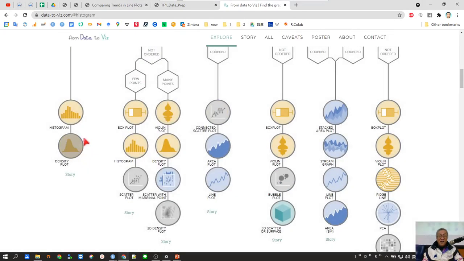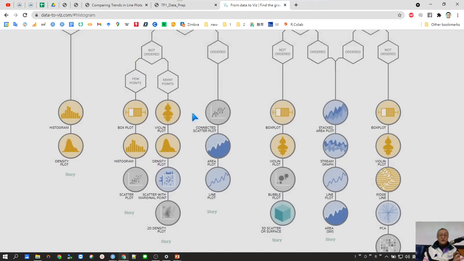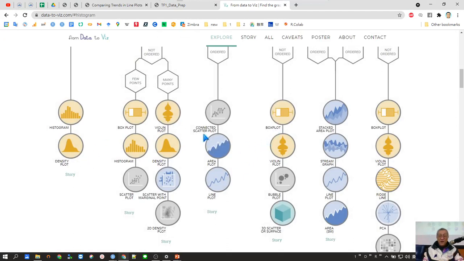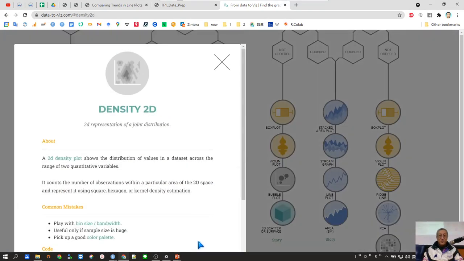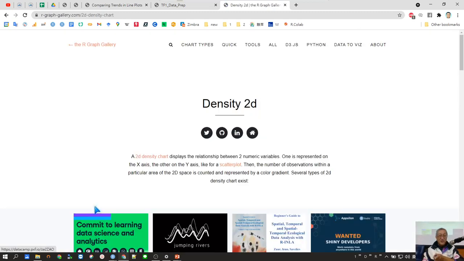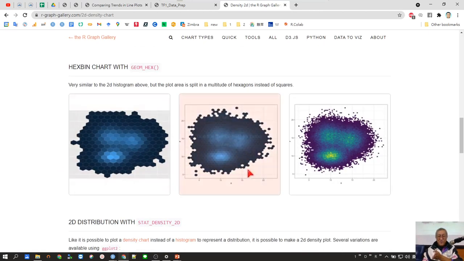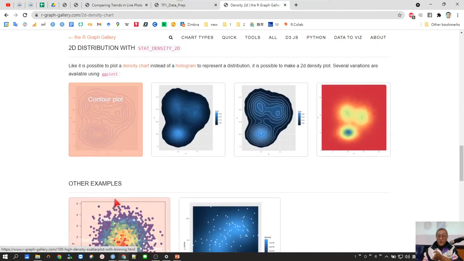If you click on each of the blocks, it will show you something. Oh, okay. So this visualization works this way. If I want to make a plot like this one, called 2D density, there are R, Python, D3.js. So you can pick this, and then it should bring you to different types of 2D charts.